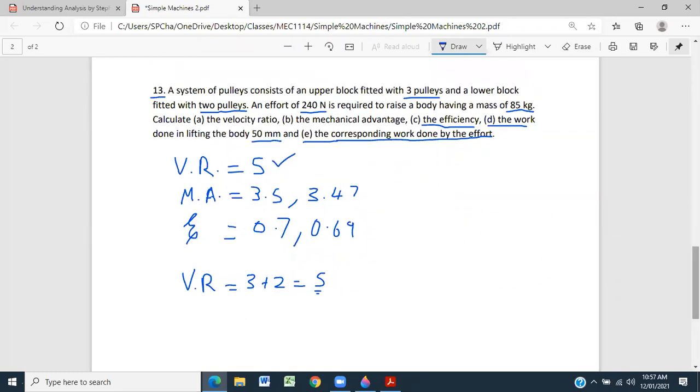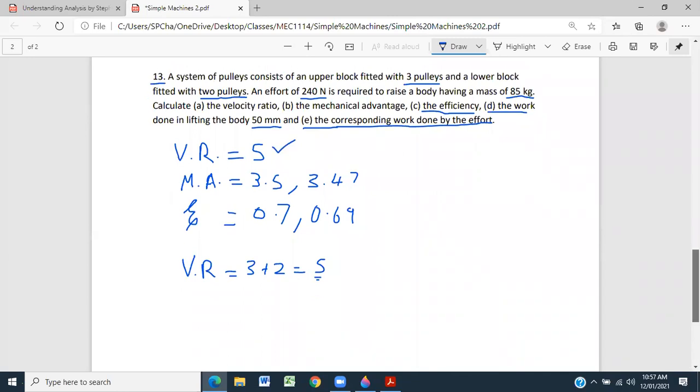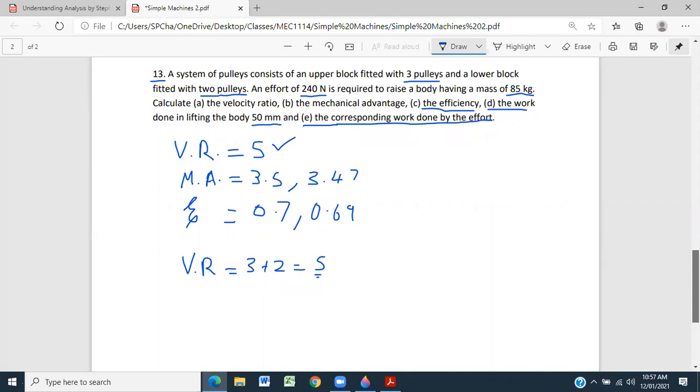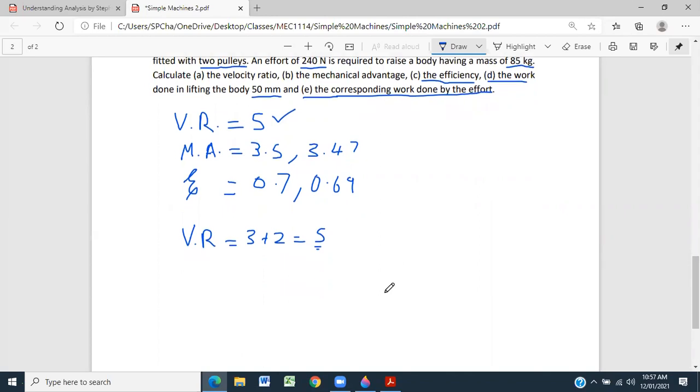Next, the mechanical advantage. Well, how do we find that? We found velocity ratio, right? Oh, actually they didn't give us efficiency, so we just need regular mechanical advantage.